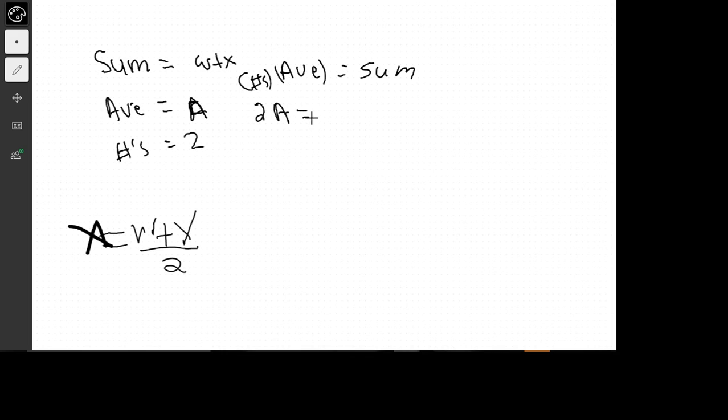Is equal to the sum. So what's the sum? Literally substitute. What do we write for the sum here? W plus X. So that's what goes here.